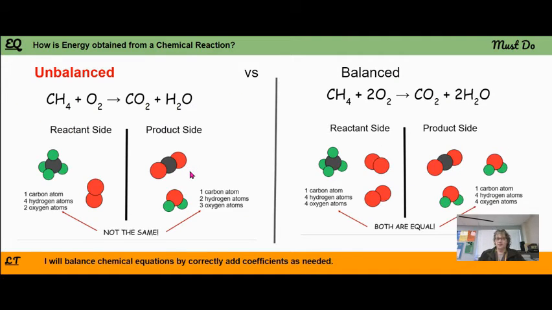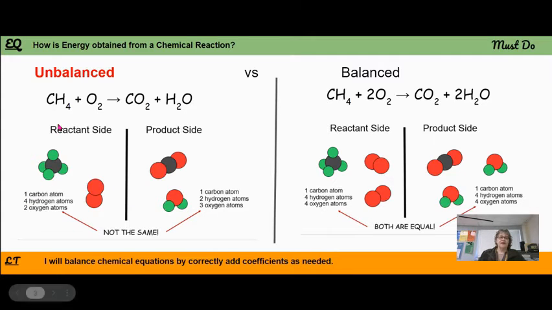So here's an example, the same example we were just working with. We have methane, which is CH4, and oxygen, and we're going to end up with carbon dioxide and water. This is a combustion reaction. If we add up the number of particles on each side, we need the same number on the other side.